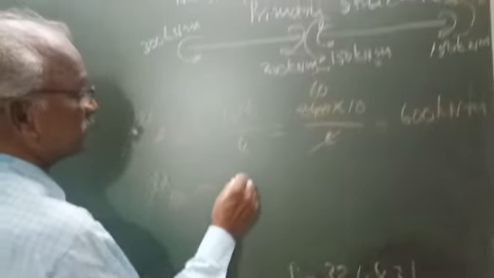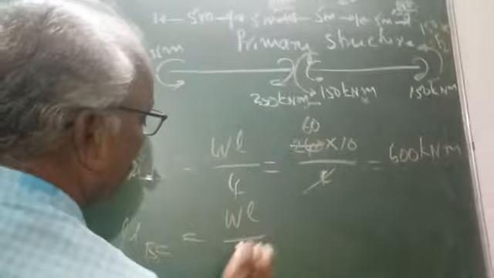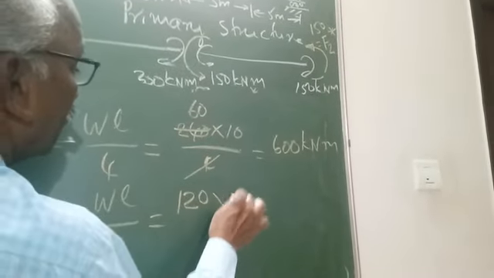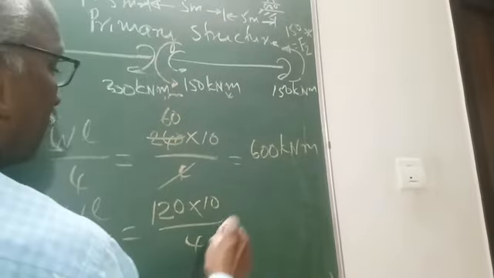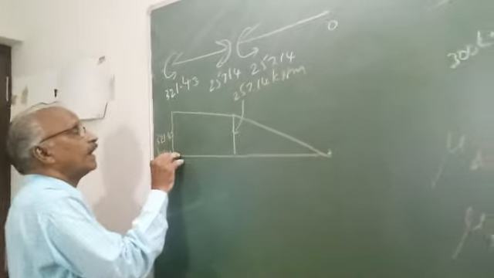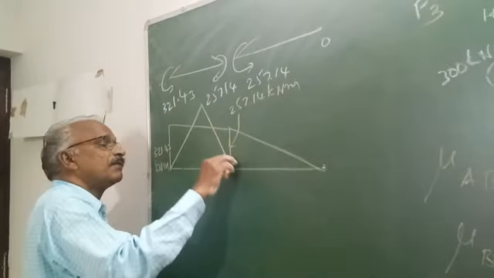M0 BC equals the bending moment as a simply supported beam, WL by 4, W equal to 120, into 10 by 4, that is 300 kilonewton meter. So for this, the simply supported beam is a triangle having a maximum ordinate of 600.